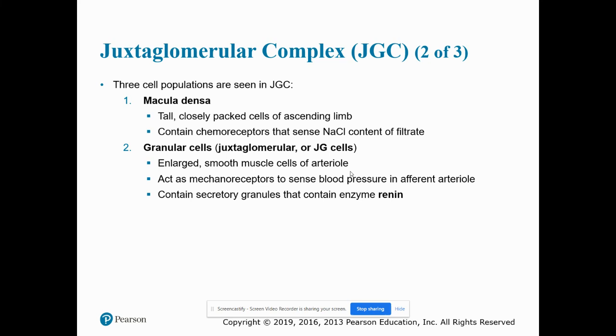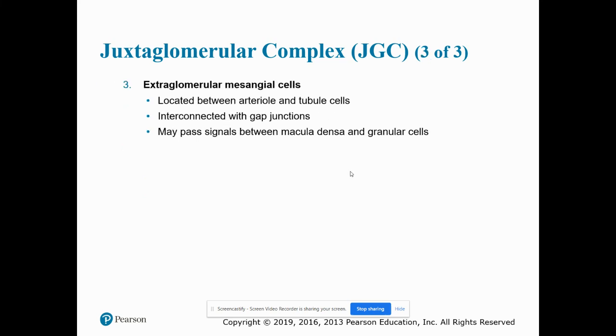They contain secretory granules that contain the enzyme renin. And then finally, we have the extraglomerular mesangial cells, located between the arteriole and tubule cells. They're interconnected with gap junctions, and they may pass signals between the macula densa and granular cells.